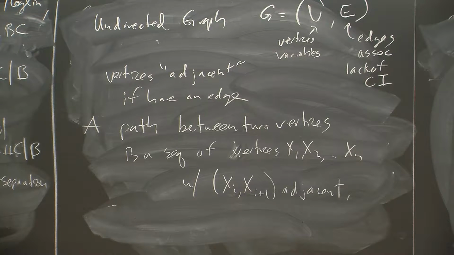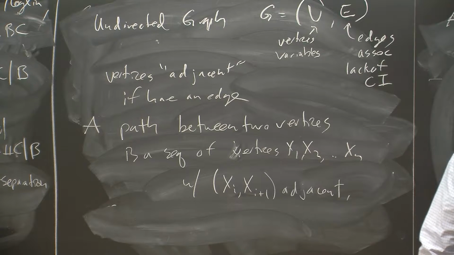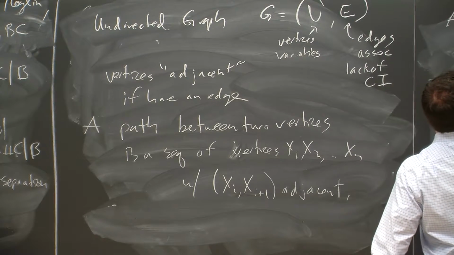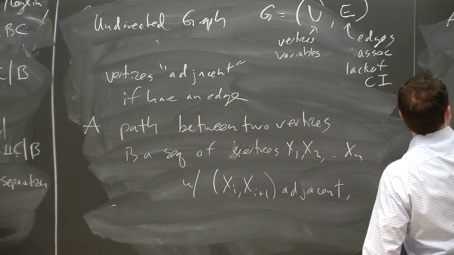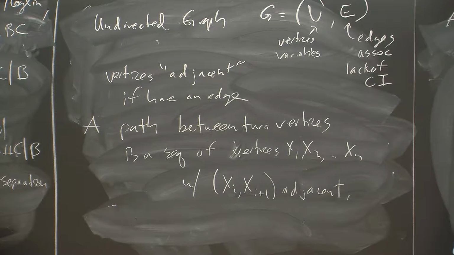And when we're relating a graph like this to a hierarchical model or a log linear model, an important concept is the idea of a complete graph. A graph is complete if there is an edge between every pair of vertices in the graph, or a subgraph, a subset of the graph.